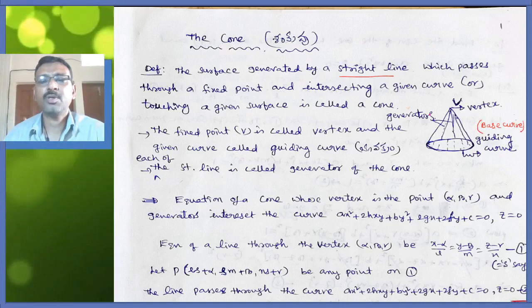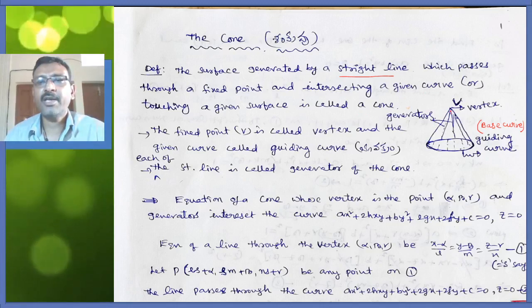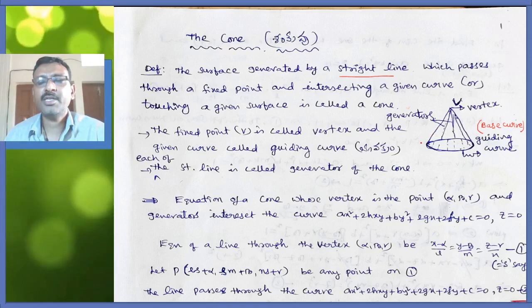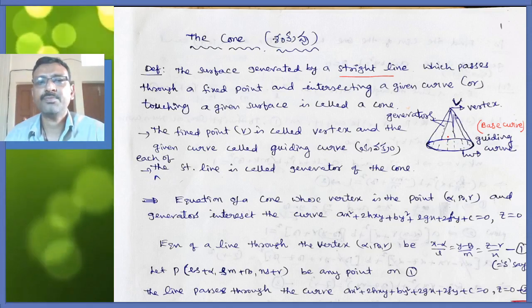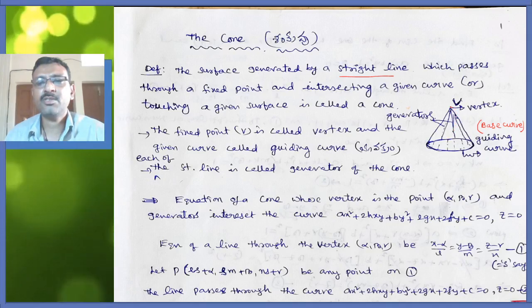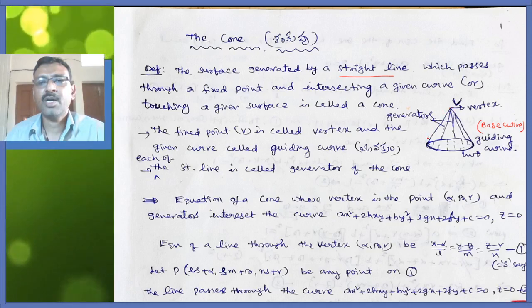The base curve is also called the guiding curve. The surface generated by the line that passes through a fixed point and intersects the guiding or base curve is called a cone.